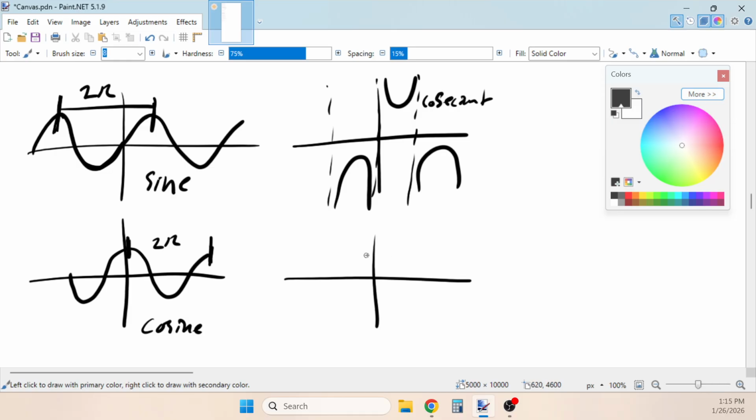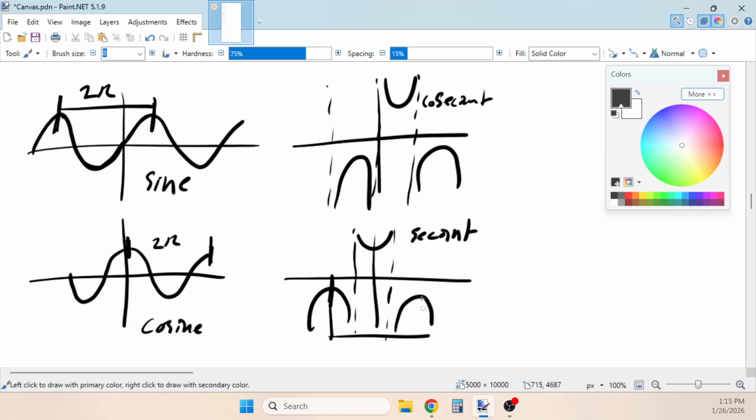So let's draw each of these. So for each of these four, we have 2 pi as our wavelength.